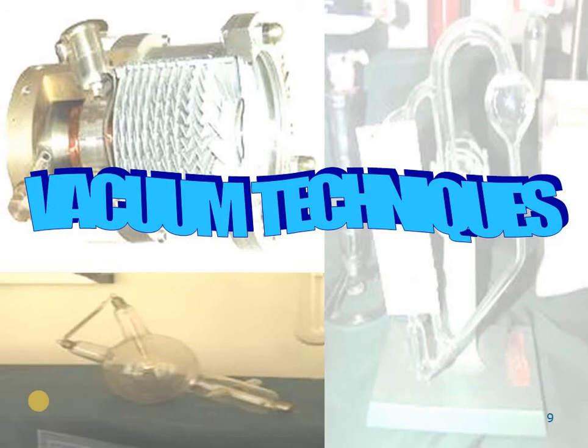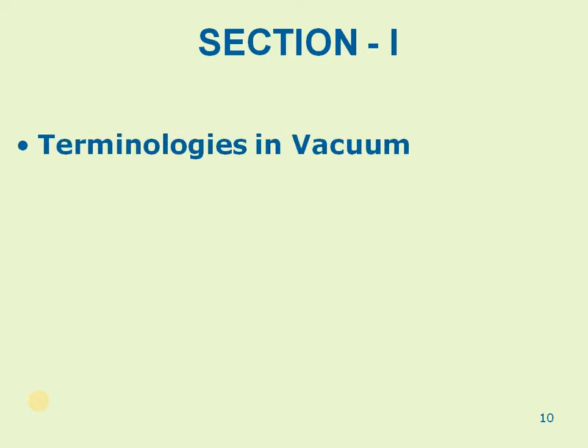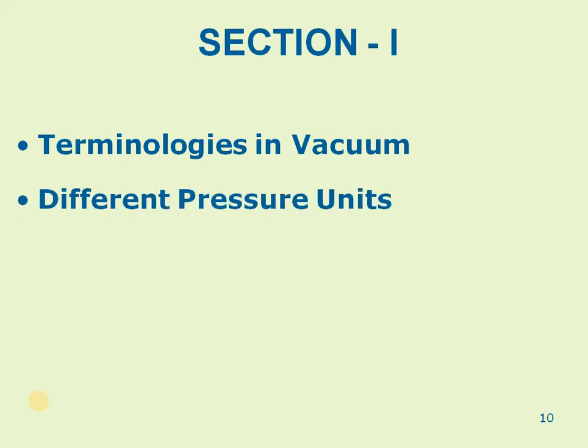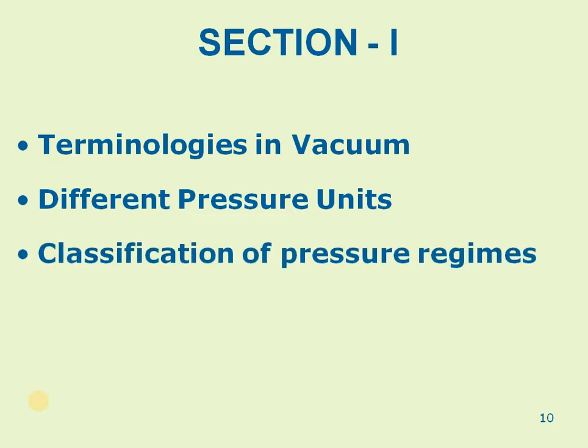Let us start with the vacuum techniques. That is the first unit, in which we will cover the terminology used in vacuum, and different pressure units. There are so many pressure units made use of in vacuum technology that will be familiarized, and the classification of pressure designs. There are different designs in vacuum technology; different applications need different designs.